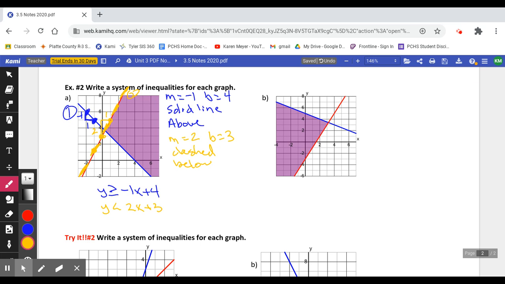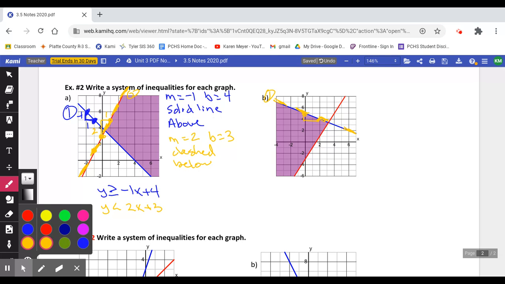Okay, on the second one. This one, I'm going to go ahead and make the blue line a dashed line. Okay, so if I start with the blue line, I'm going to pick 2 points. So I'm going to choose this point and this point.